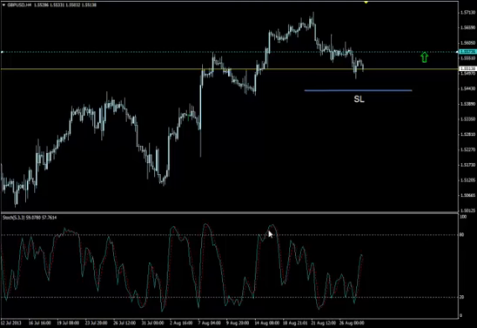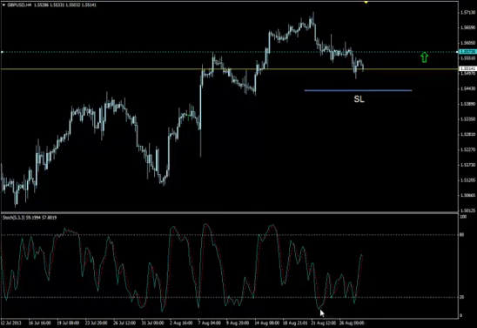When the stochastics oscillator is above 80 in the overbought zone, we expect a bearish reversal, and the moment it touches the 80 level line and plunges below it, we expect to see a downward move.